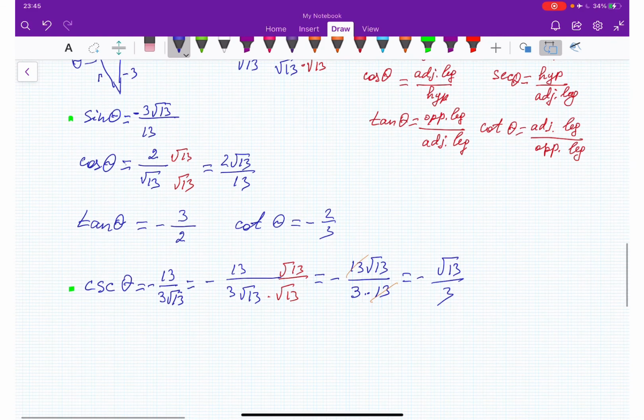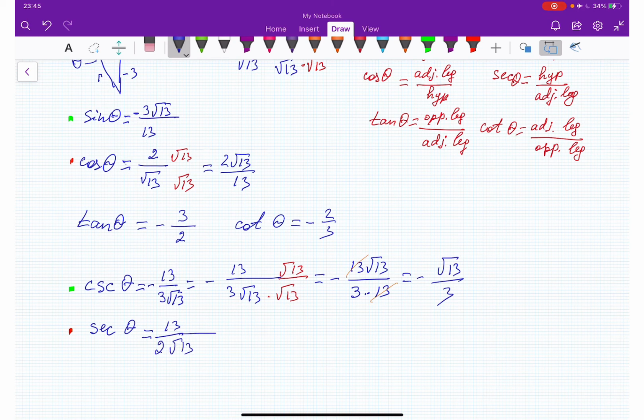And lastly, secant theta is going to be the flipped cosine. So if I flip it, I'm going to have 13 over 2 square root of 13.